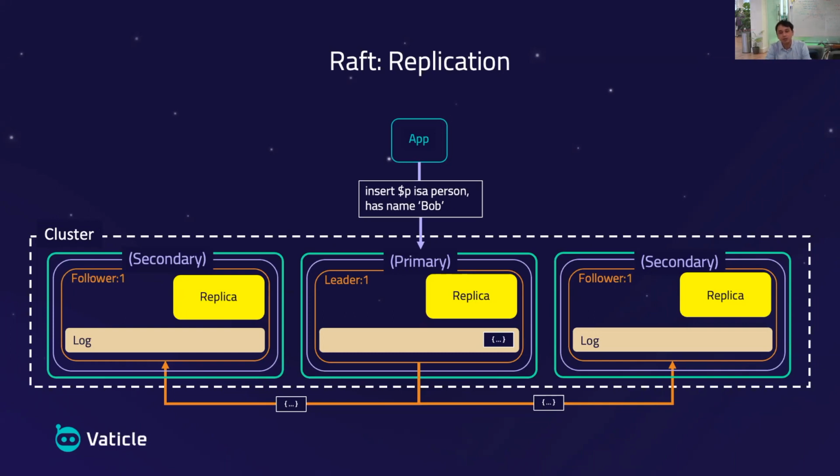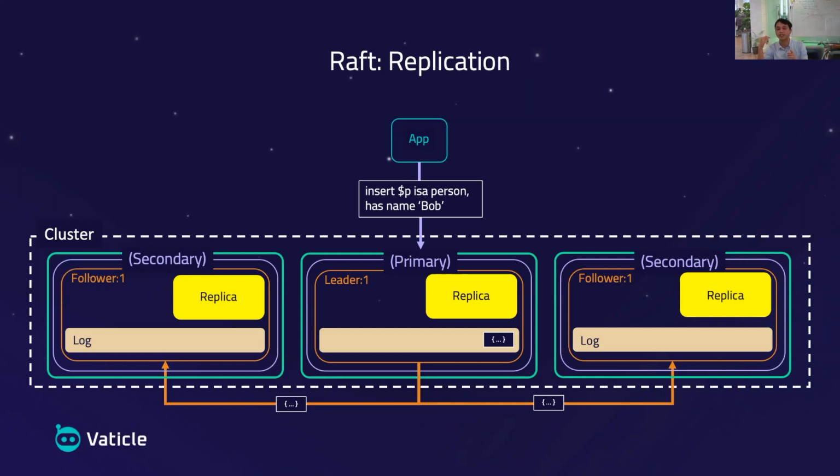And now the leader replicator will try to replicate these key values onto the other followers, right? This replication process will happen indefinitely until all of them receive the entry.